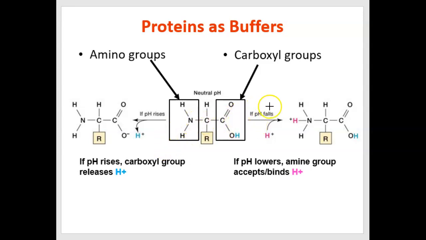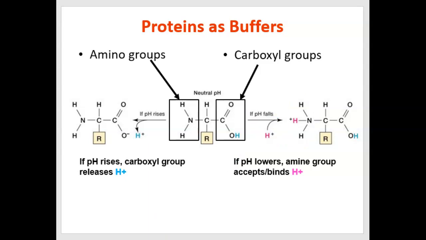So if the pH falls and it drops really low, that means there's lots of hydrogen around, and those hydrogens will be bound up on the amine end of the protein. So the amine group is the weak base.